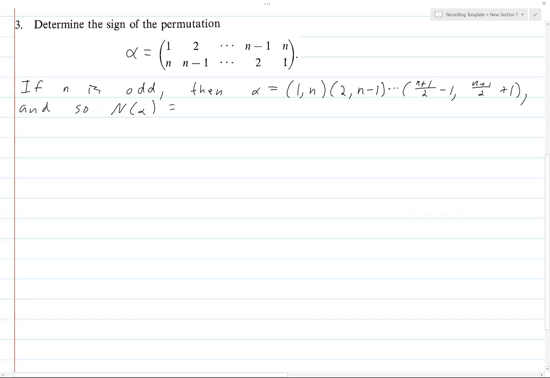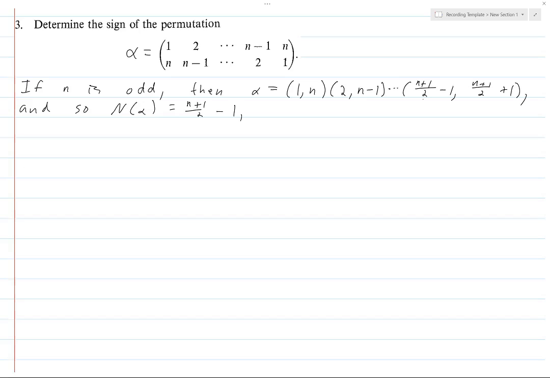This is n plus 1 over 2 minus 1, because you can count these going by the first thing here. We have 1, 2, and then you count all the way up to n plus 1 over 2 minus 1. And by the way, this is of course always going to be a whole number because n is odd, so n plus 1 is even, and so you can divide it by 2.